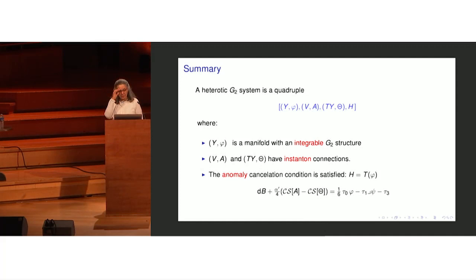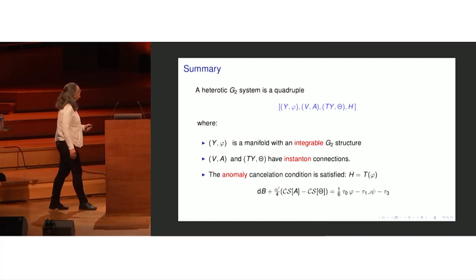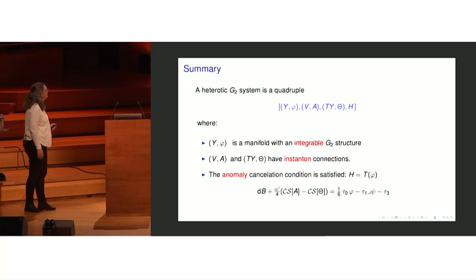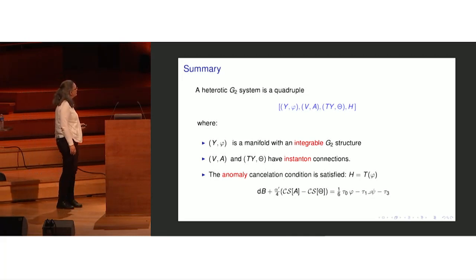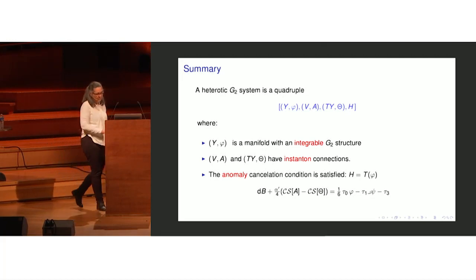So in summary, a heterotic G2 system is a quadruple where Y is a manifold with an integral G2 structure, V and T have instanton connections, and the anomaly cancellation condition is satisfied, in such a way that H is the same as the torsion.